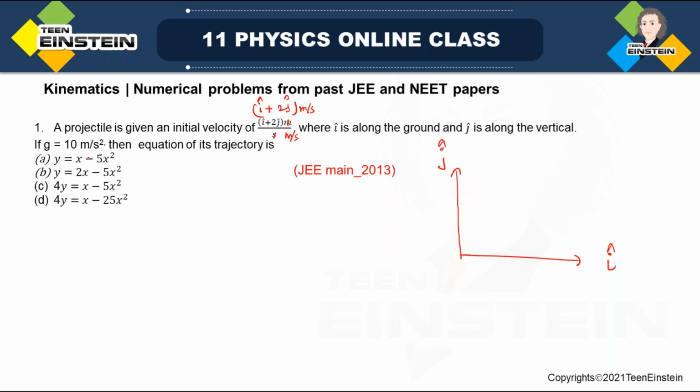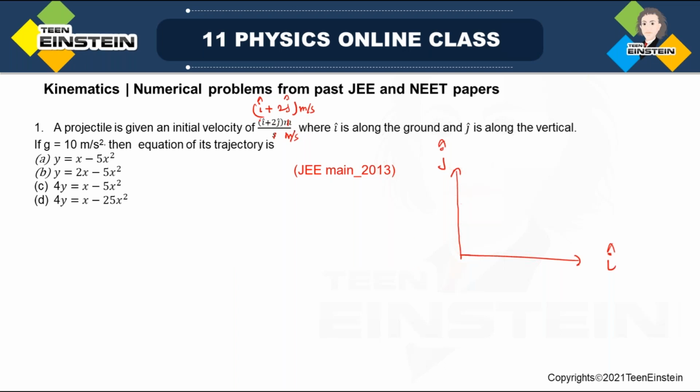And g is given as 10 meter per second square. This is the acceleration due to gravity, as you know. Then you have to find out the equation of the trajectory. So how to find out the trajectory for this particular projectile?